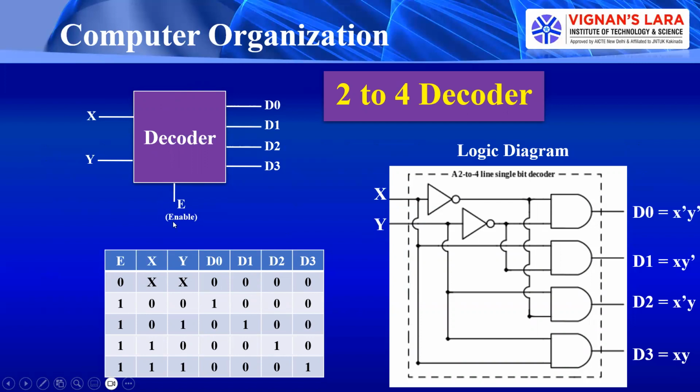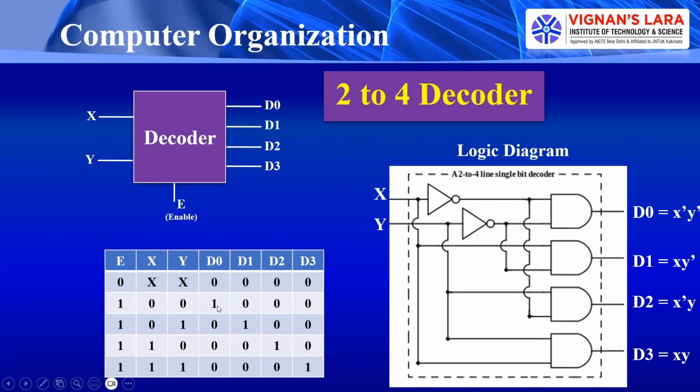Next, if you assume that this enable signal is active, that means E is equal to 1. Your decoder is active. Now, based on the combination present on these X and Y inputs, one of these decoder outputs becomes 1. See here, E is equal to 1. For the case XY value 0, 0, that means we select D0, D0 value equal to 1.